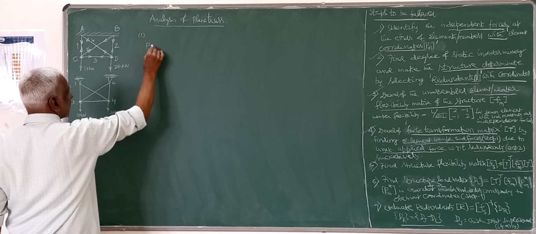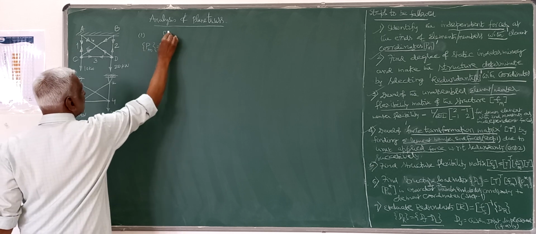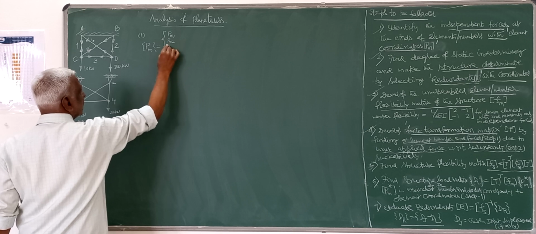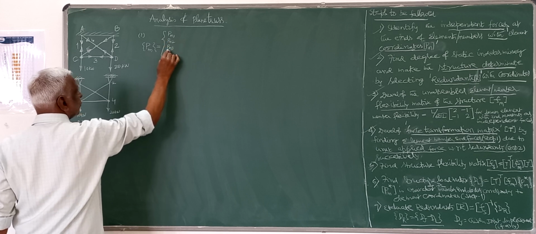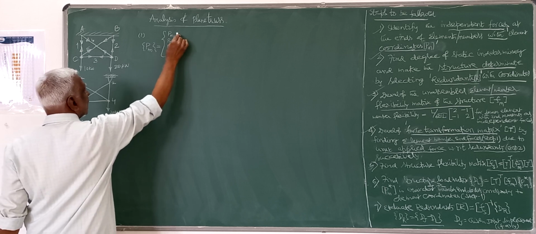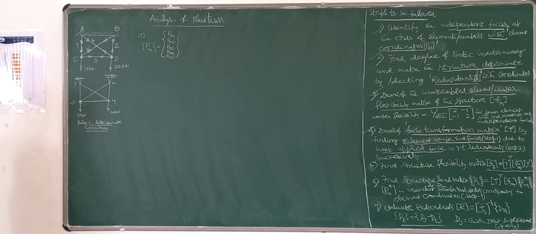So that is first step. The PM which we have to determine are PM1, PM2, PM3, PM4, and PM5. These are the truss member forces which we have to determine.